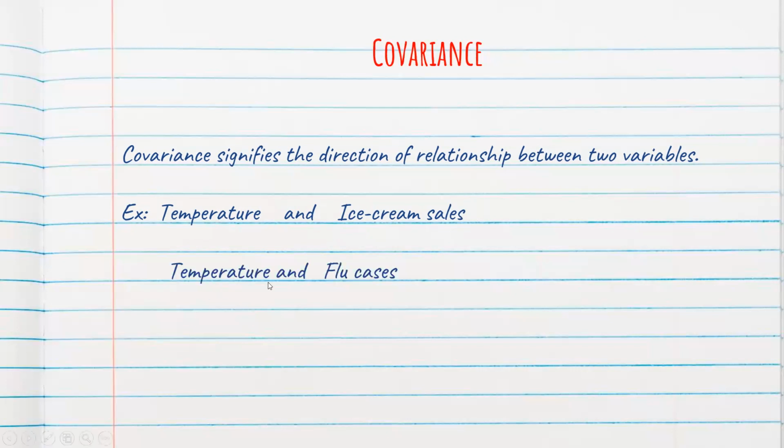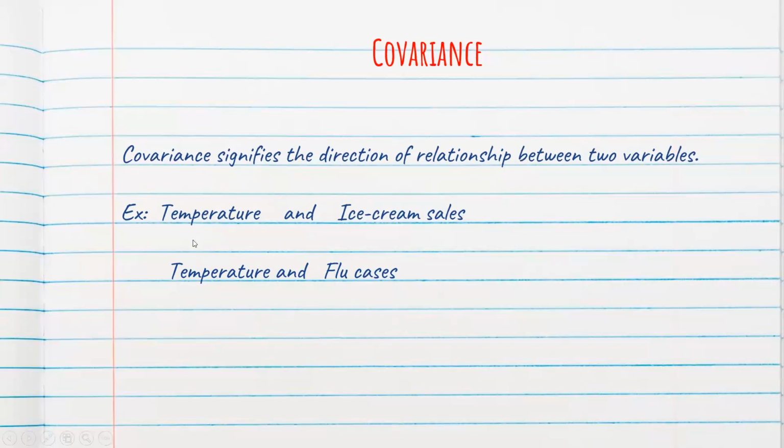Let me take another example now. Whenever the temperature decreases, what happens to the flu cases or the fever cases? Exactly. Whenever the temperature decreases, definitely the flu cases would be increasing. So let us now analyze these two cases. When the temperature is increasing, ice cream sale is also increasing, which means that both are changing in the same direction.